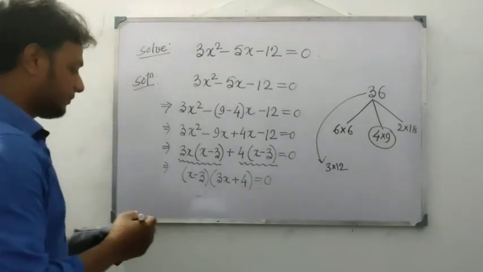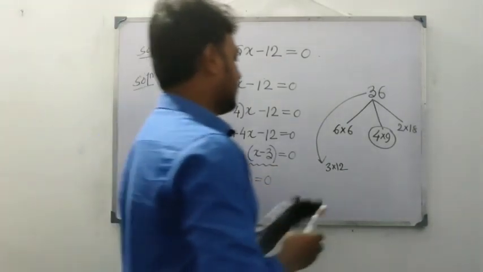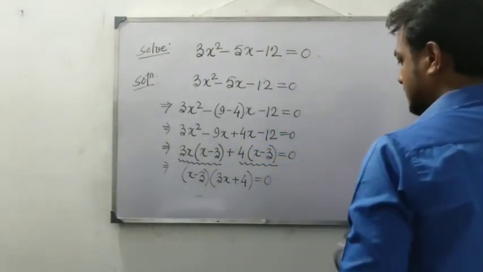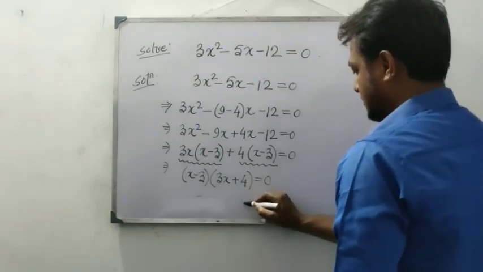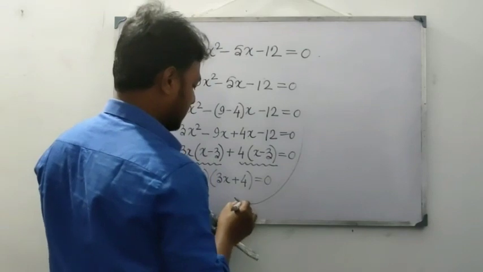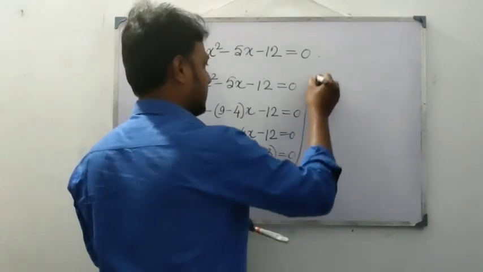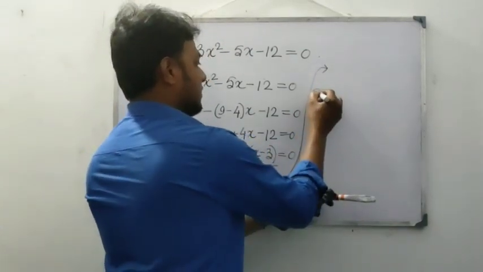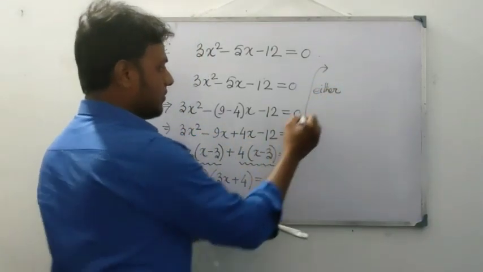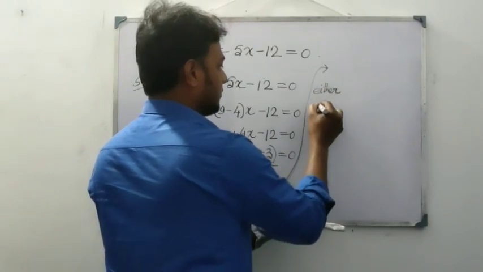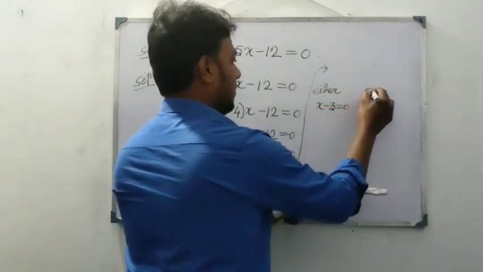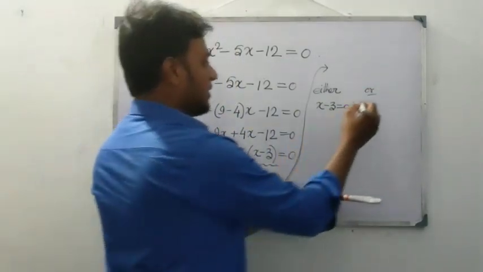Now either x minus 3 equals 0, or 3x plus 4 equals 0.